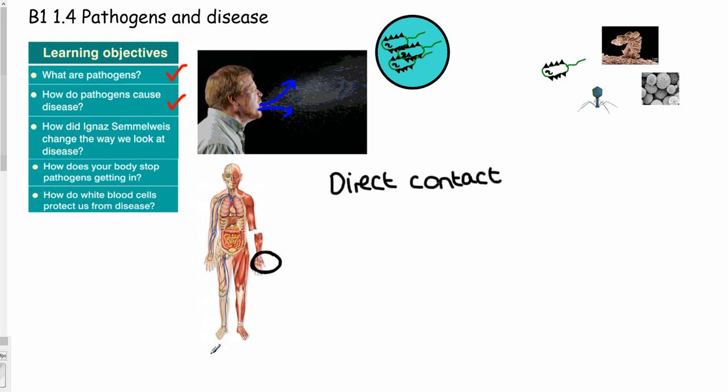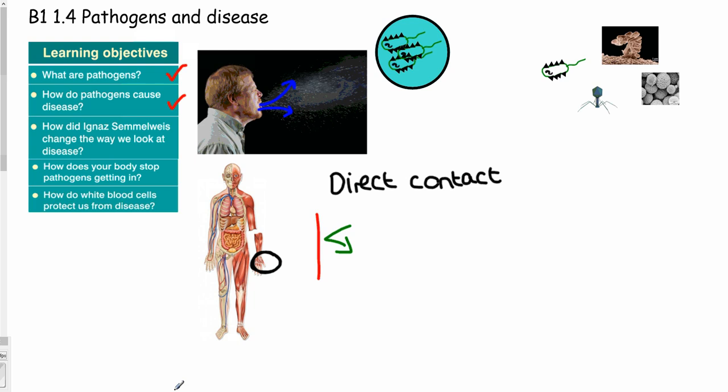Now, how does our body prevent these pathogens from entering? Well, if we zoomed into our hand, we would see a thick layer of skin to prevent these pathogens getting into our body. And that is the first way we defend ourselves from pathogens.